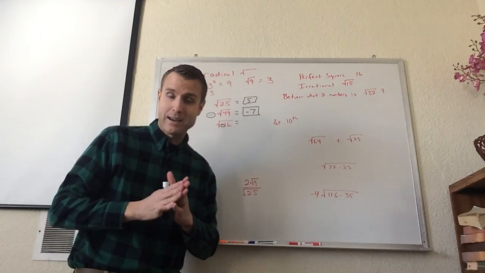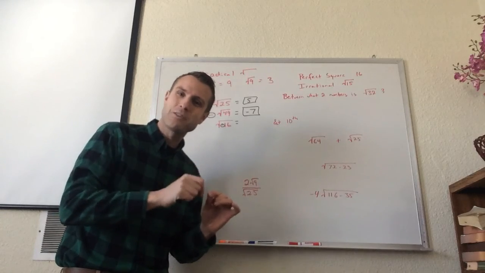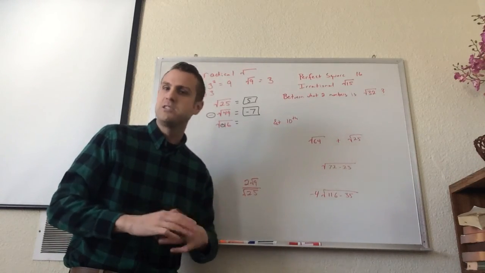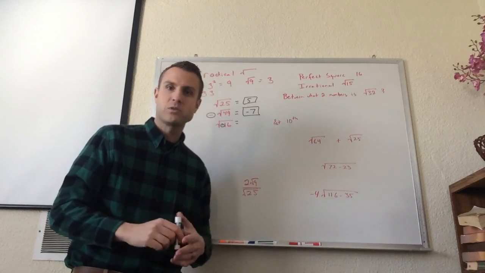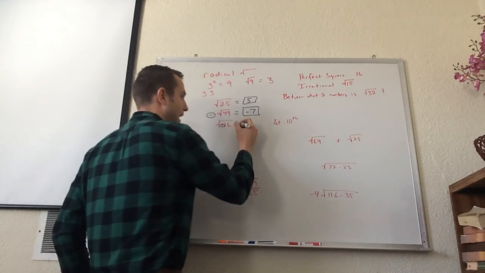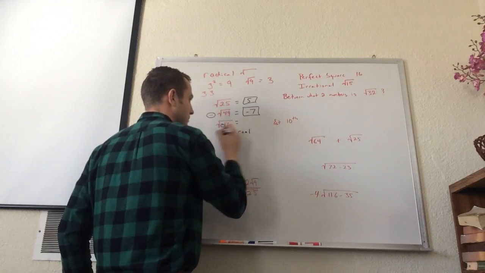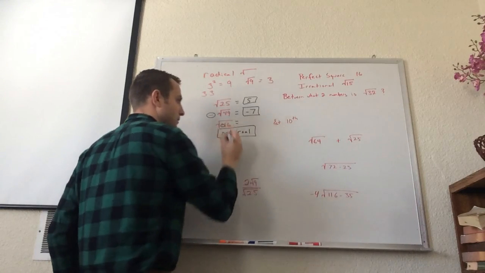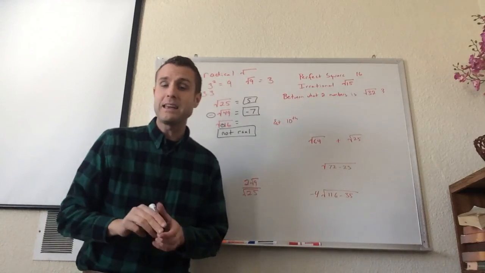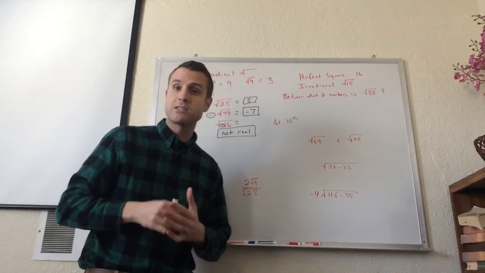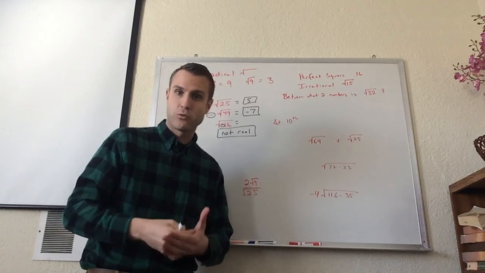So anytime the negative is inside the radical, we get what we call an imaginary number. Since you have not yet learned imaginary numbers, what we're going to do is write not real. So anytime the negative is inside the radical sign, your answer is going to be not real.